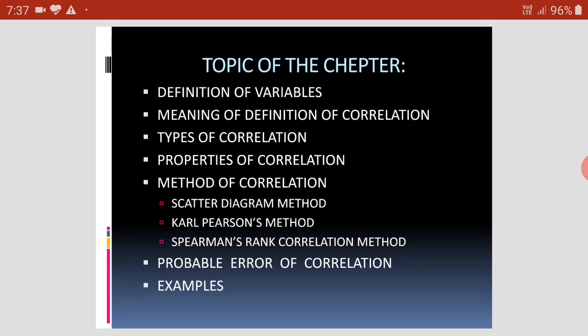Now second is negative correlation. Suppose X increases but Y decreases. On the other side, X decreases and Y increases. It is called negative correlation. It means opposite side changes. Suppose X increases by 5%, Y decreases by 5% or any other percentage, it is called negative correlation.